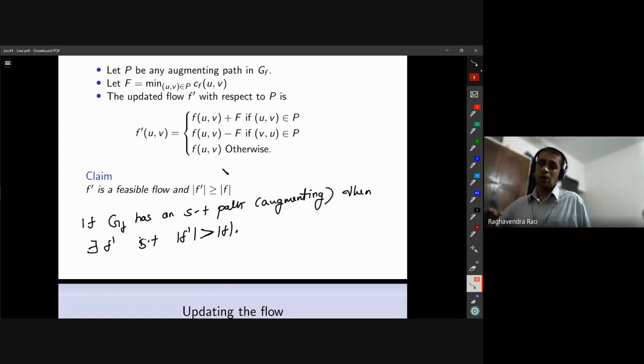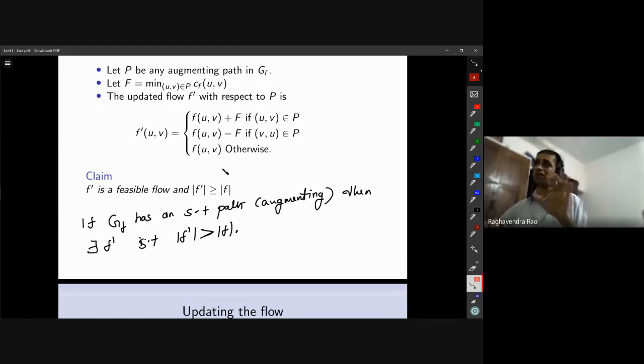Now, what does it mean in the end? As long as there is a path, you can increase the flow, but we have an upper bound, right? The lemma proved in the previous lecture or the lecture before: flow value is at most the capacity of any cut. Any flow value is upper bounded by any cut. So cut value is a finite value, and you can even take a minimum cut, minimum capacity cut.